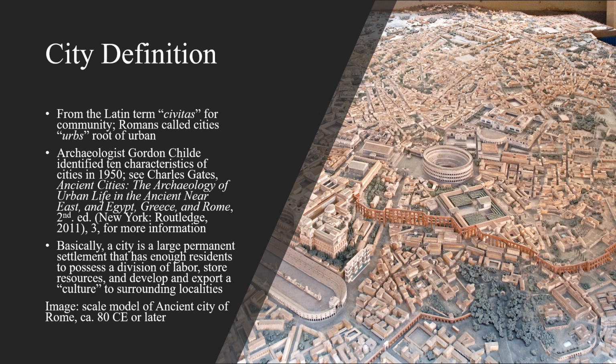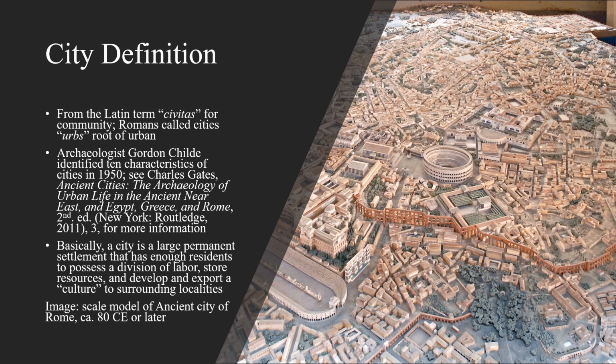Childe was an archaeologist back in the 1950s, and he listed about 10 characteristics of cities. A city had to have these things. They had to meet these 10 criteria in order to be considered a true urban center.